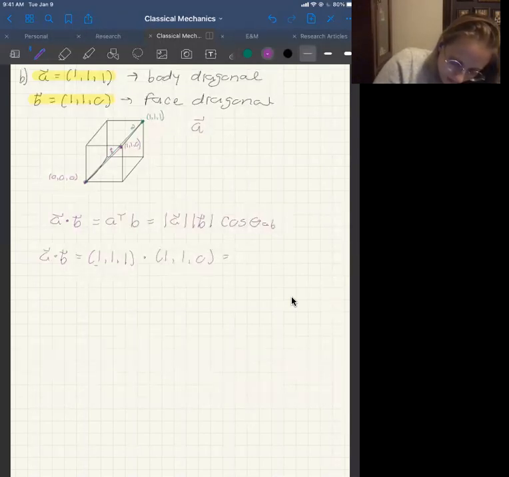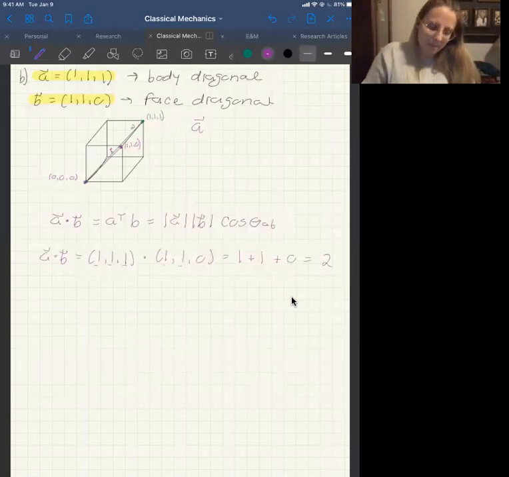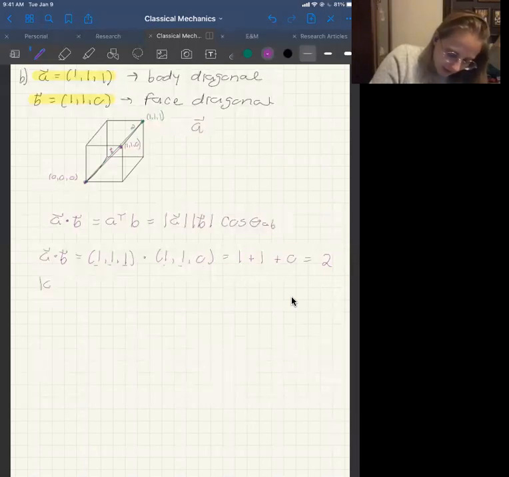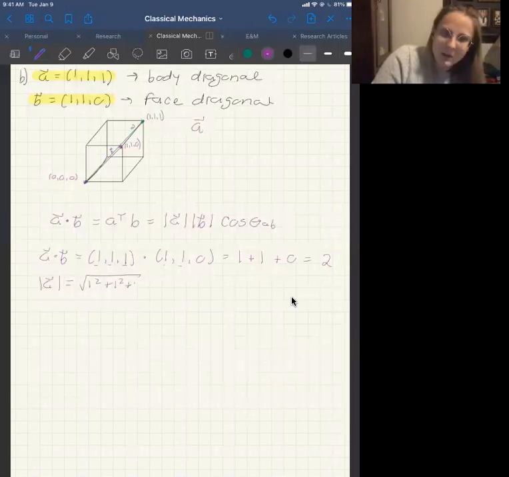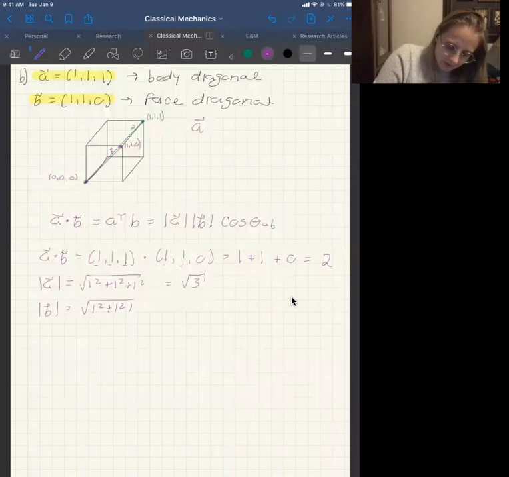So that's 1 times 1 plus 1 times 1 plus 1 times 0. So the dot product there is 2. The magnitude of A is the square root of 1 squared plus 1 squared plus 1 squared, or the square root of 3. And finally, the magnitude of B is the square root of 1 squared plus 1 squared plus 0 squared, or the square root of 2.